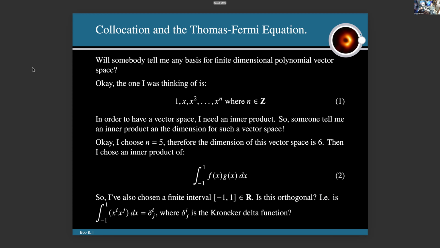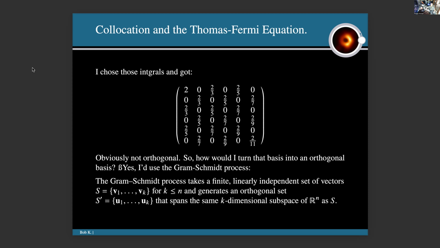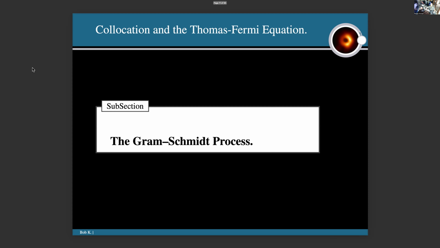So anyway, we've talked about classical polynomial vector spaces. So you need an inner product, and if you use the integral from -1 to 1, then you find that x to the n is not orthogonal, but you can do the Gram-Schmidt process.